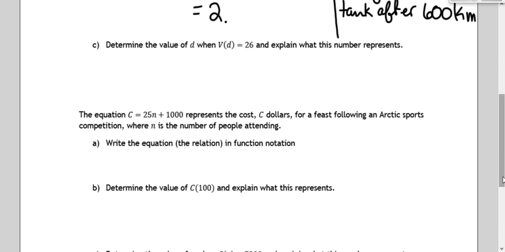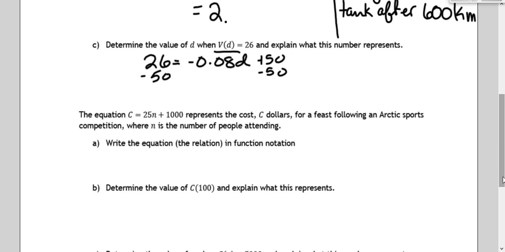Determine the value of d when V of d is equal to 26. So this says V of d is equal to 26. So that means 26 is equal to negative 0.08d plus 50. Solve. Minus 50, minus 50.